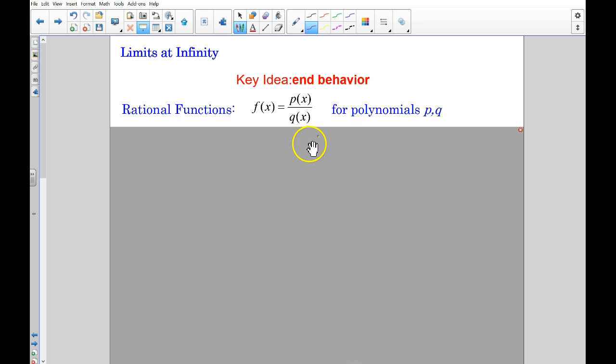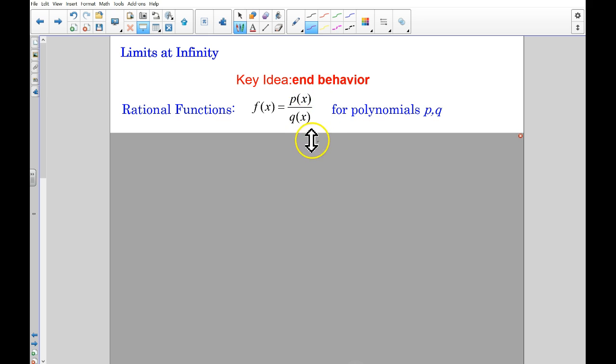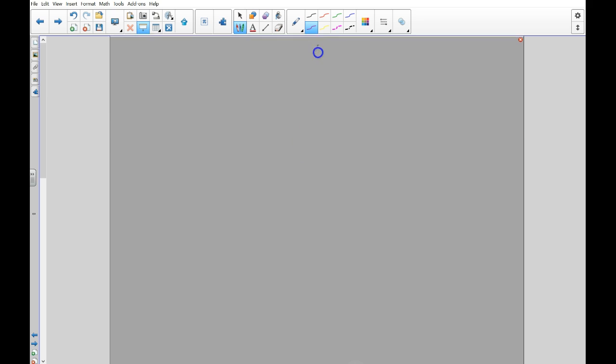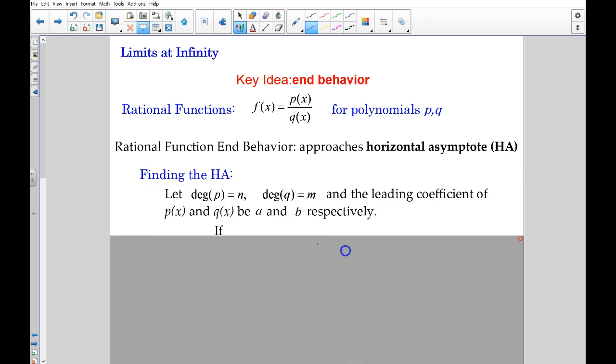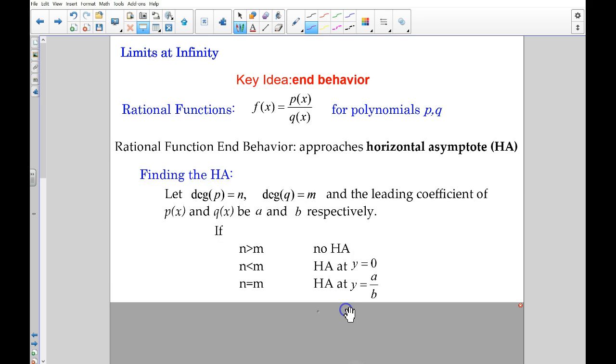But with rational functions, if we're looking at end behavior, we know that rational functions should have a horizontal asymptote, and there are different ways that we can find that if we recall some of our pre-calc skills.